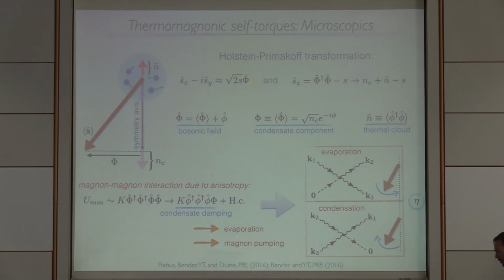Sure. What helps in practice, at least at elevated temperatures? I'm interested here in really room temperature, as many of the relevant experiments are at room temperature. What really helps is that first of all we have very strong magnon-magnon equilibration that relaxes on timescales much faster than the interaction between the condensate and the cloud, relaxing the thermal cloud to a common chemical potential and temperature. So that means I don't really have to develop an intricate Boltzmann description of the thermal cloud. But you put that in as an assumption?